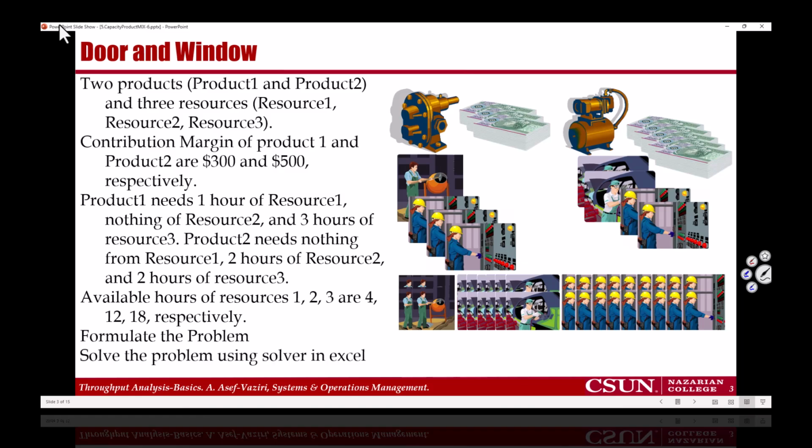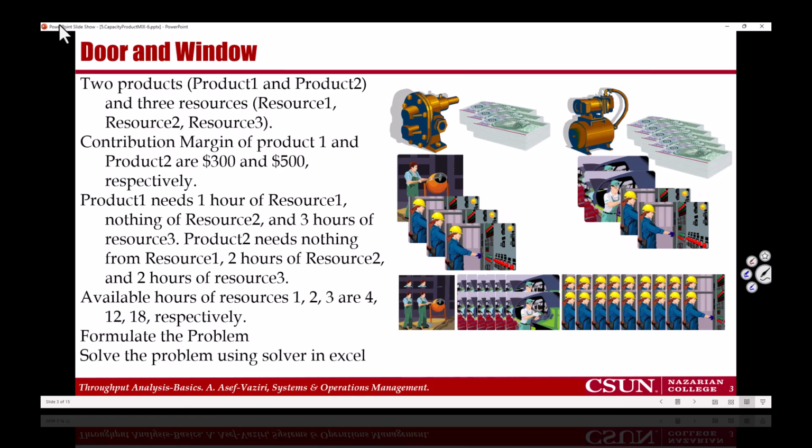After formulating the problem, after translating a narrative into a mathematical representation, then we translate that mathematical representation into an Excel representation, and then we solve the problem. So we are looking for a general purpose approach to be able to solve all kinds of problems which are similar to this one.